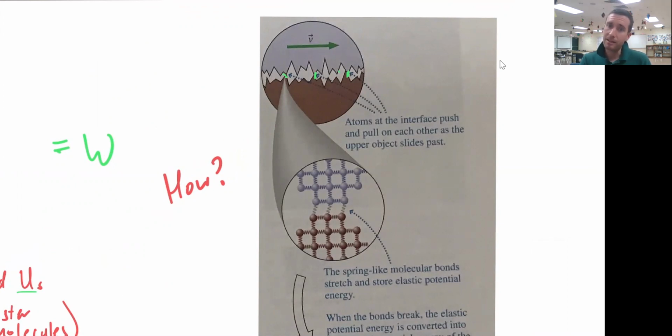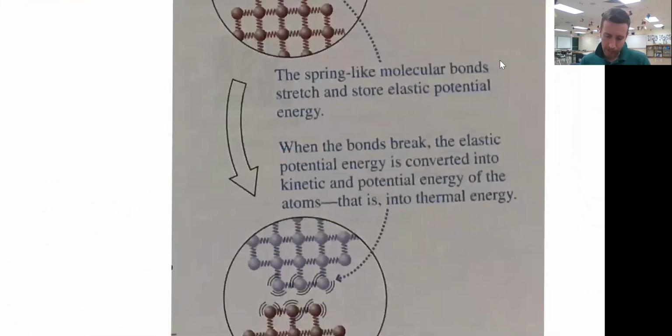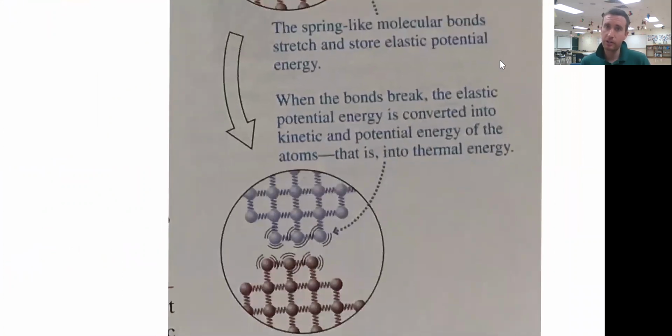But at those points that do hit, the molecules bond to each other and then break those bonds and spring back. So the spring-like molecular bonds stretch, store elastic potential energy, and then break, and it has to be converted into kinetic and potential energy of the atoms, which is thermal energy.